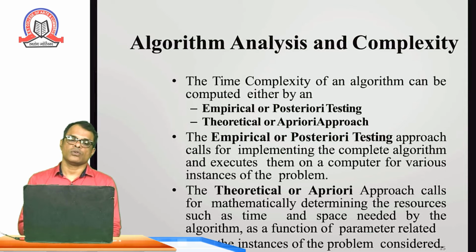So we are going to use the theoretical approach and not the empirical approach. Here we are going to concentrate more on the theoretical approach. So we are going to calculate on the basis of time and space needed.